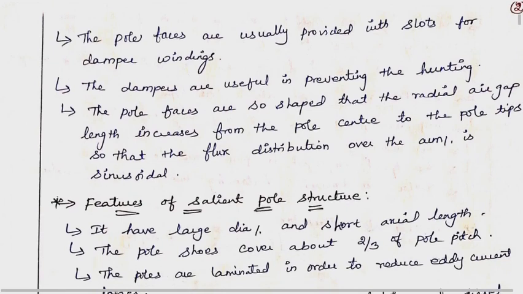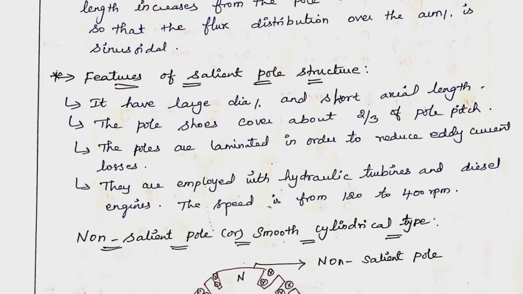Then we will see the features of the salient pole type rotor. It has a large diameter and short axial length, and the pole shoes cover about 2/3 of the pole pitch.